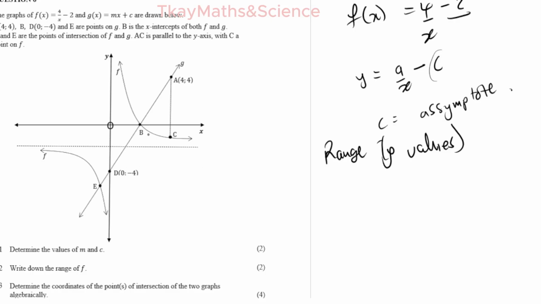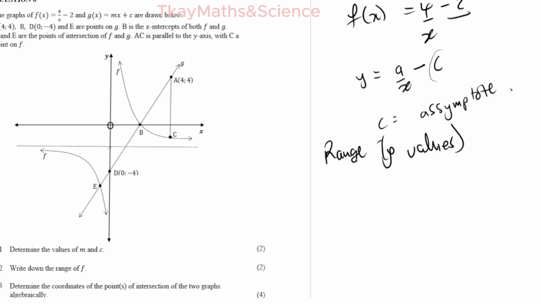The asymptote is -2, which means we can have all the y values from negative infinity up until -2. Then it doesn't cross. And also here, it is coming from positive infinity until it reaches -2, but it never touches -2.